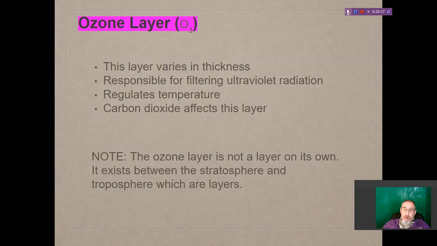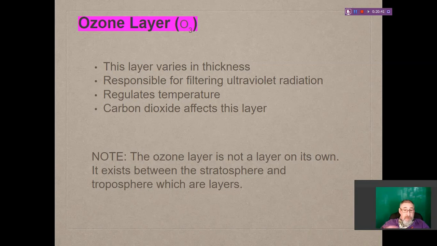It's mostly carbon dioxide. Now, I said carbon dioxide affects this layer. The way it does that is carbon dioxide will break apart the O3, those ozones, so that the carbon can bind to the oxygens, and so it thins the layer out and breaks it.